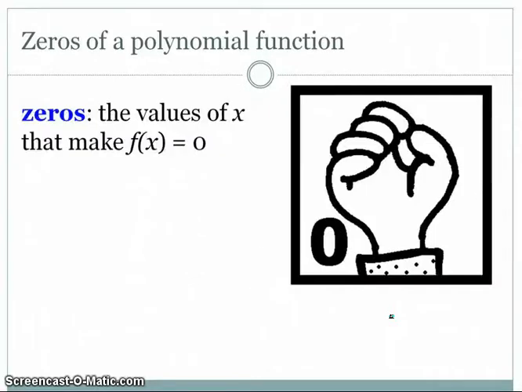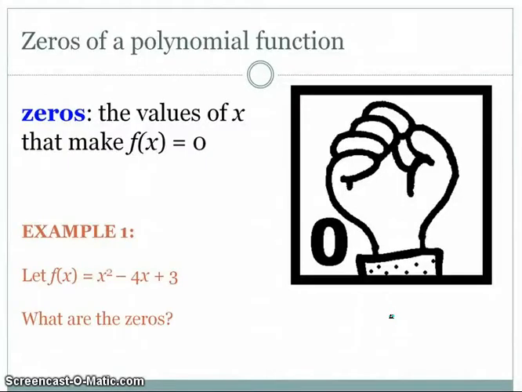Another really important idea for polynomial functions, of course, is solving them. So what does it mean to solve a polynomial function? It literally means to find the values of x that make the function equal to 0. We call these zeros. I think they're very aptly named. So let's say, for example, we're asked, what are the zeros of this function?